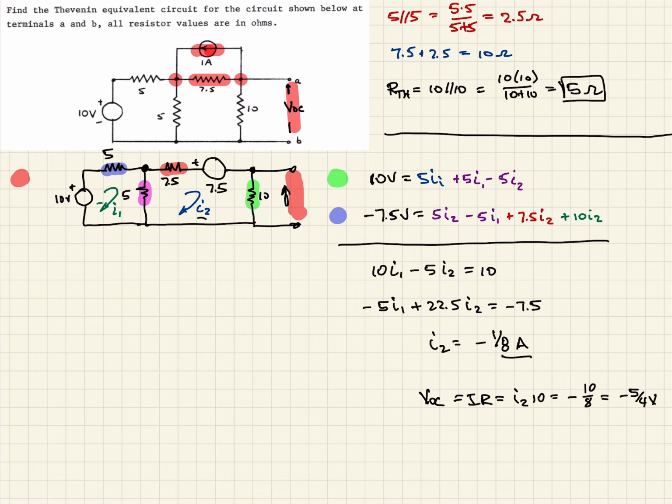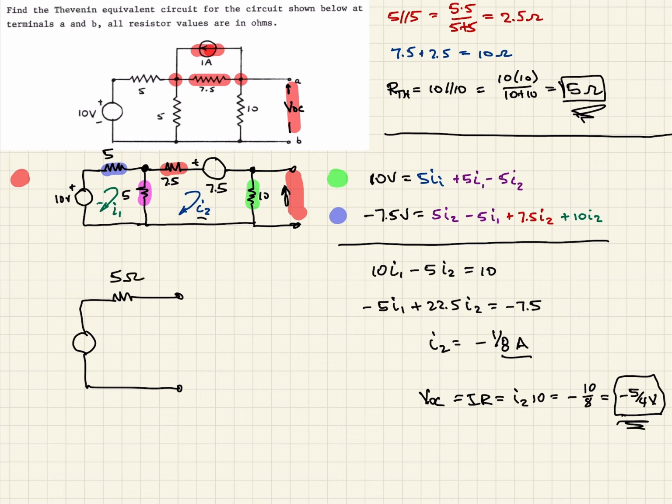So now we have our open circuit voltage, and we have our Thevenin resistance. So we can now draw our new circuit. So we'll have this voltage source and a series resistor, which is the way all Thevenin equivalents look. This is the standard form. This resistor will be our Thevenin resistance, so it'll be our 5 ohms.